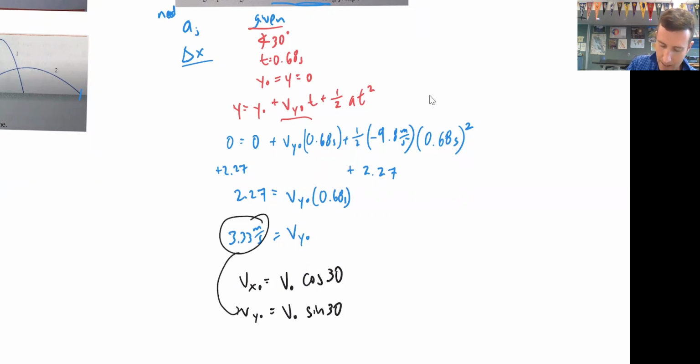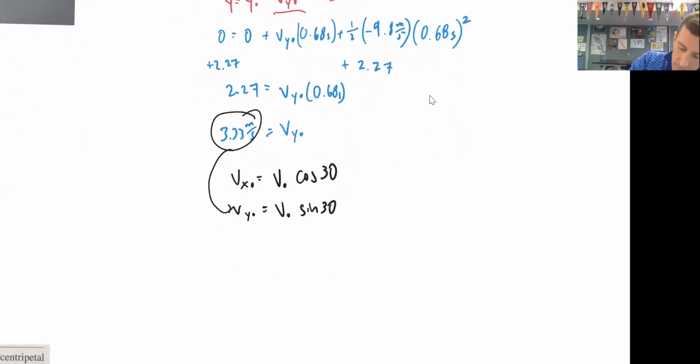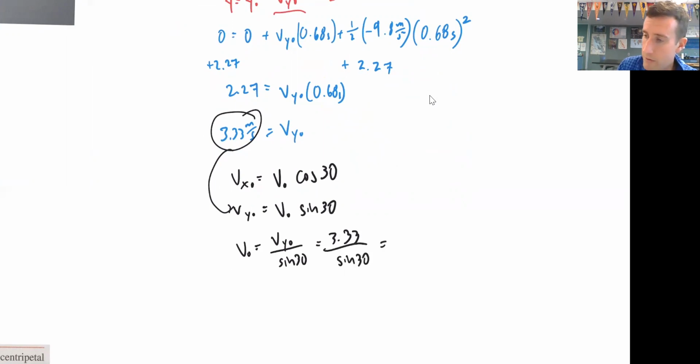So if I plug that in, v sub 0 equals v sub y 0 over sine 30, which equals 3.33 over sine 30, which equals 6.6 meters per second is my total velocity.